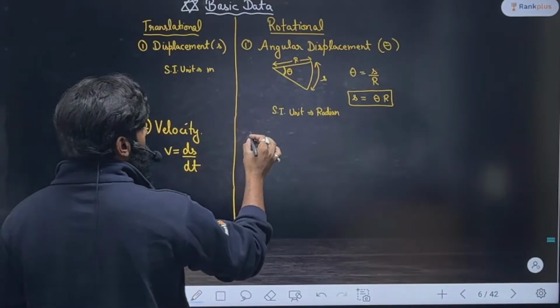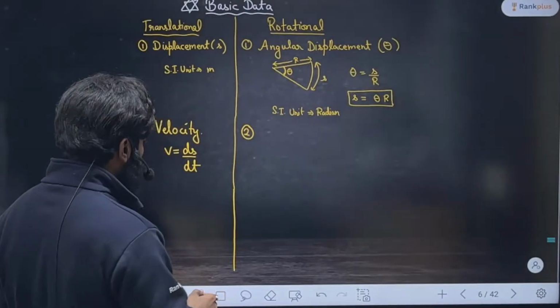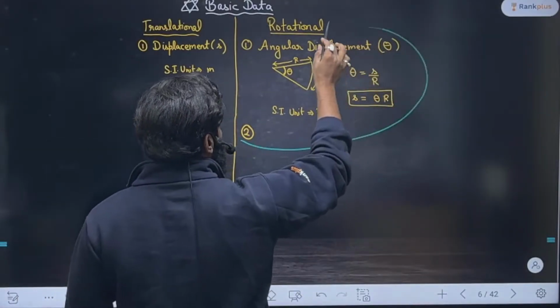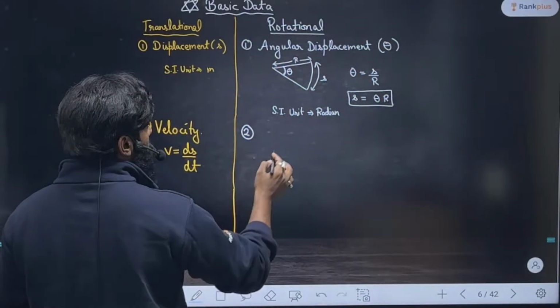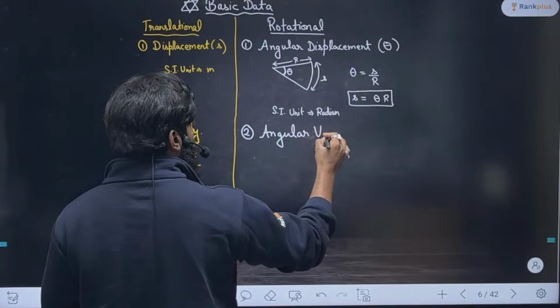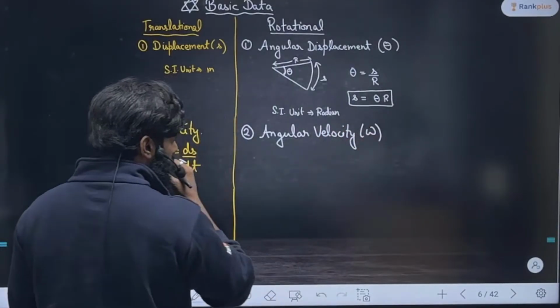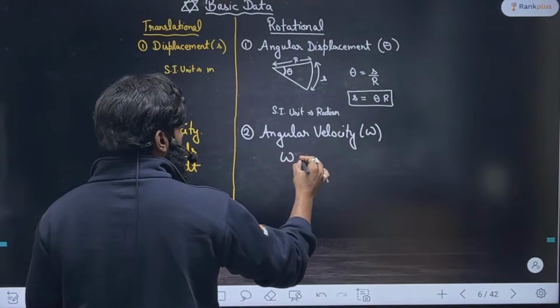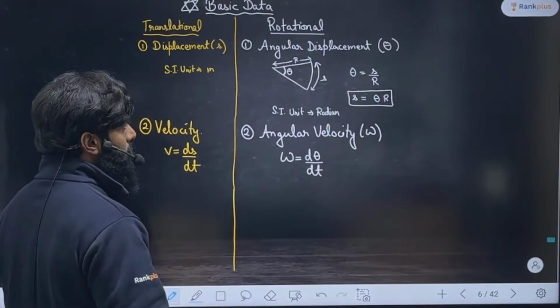And here, if I have to write the rotational analogous of what we have already studied, you could consider the angular velocity, and the symbol for the angular velocity is omega. And omega is basically the rate of change of angular displacement.